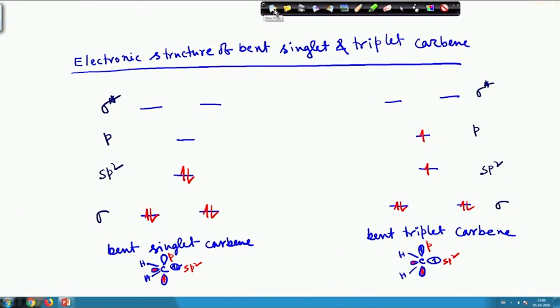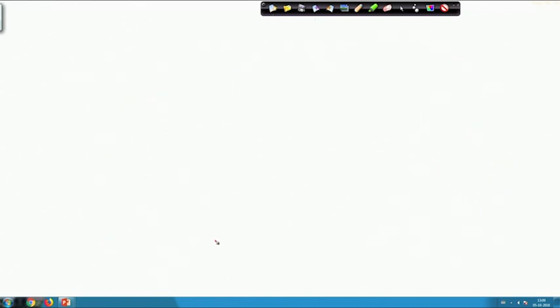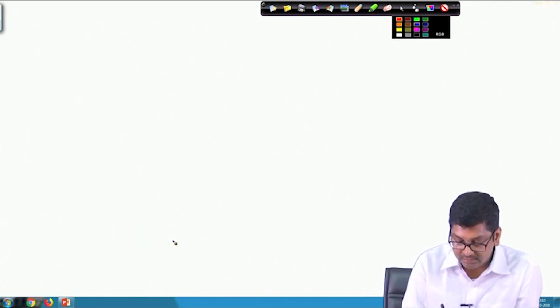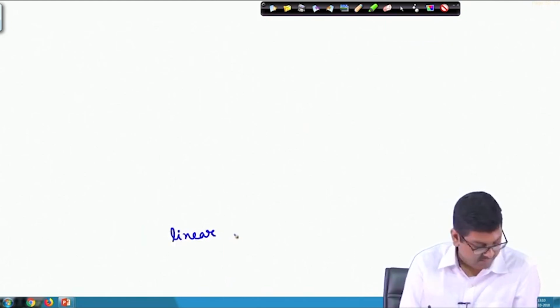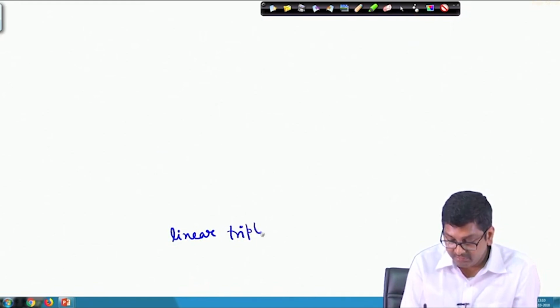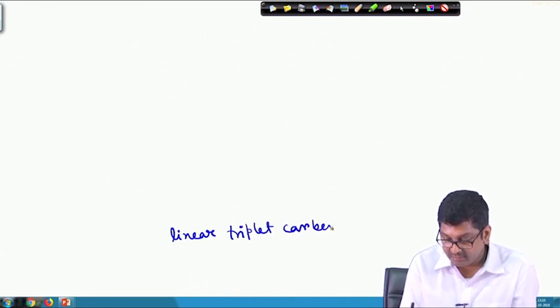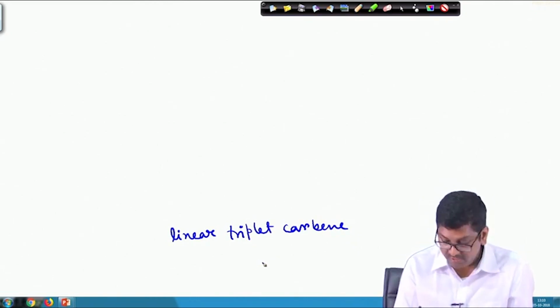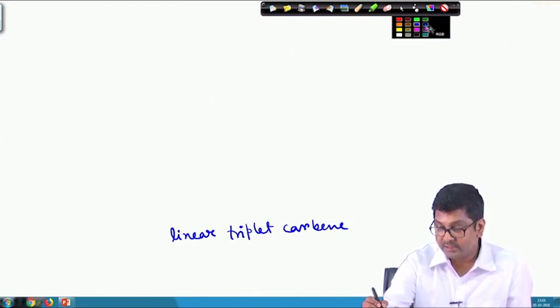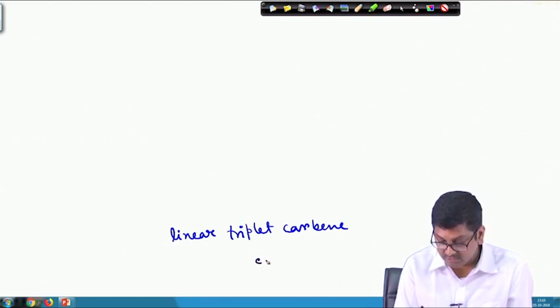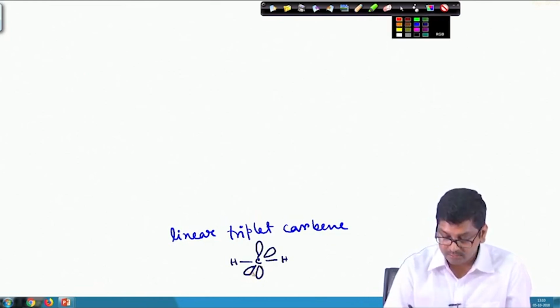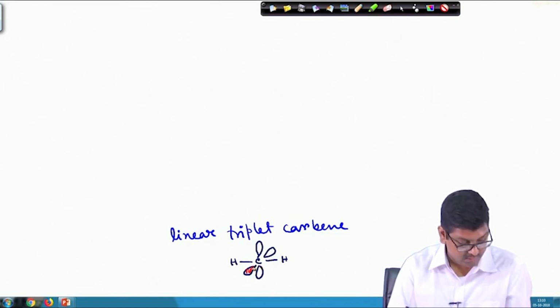Now, if we look at the linear triplet carbene, how does it look? As an example, like this. This is the linear triplet carbene. It will be like this: C, hydrogen, and there will be 2 orthogonal p orbitals.